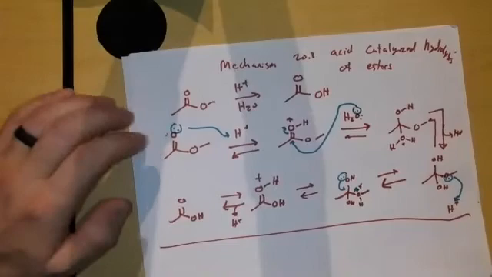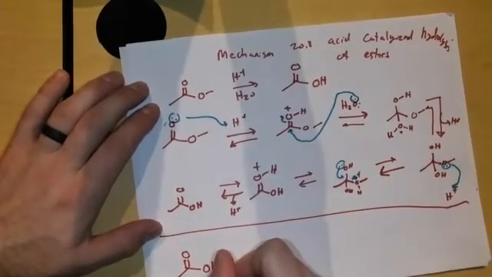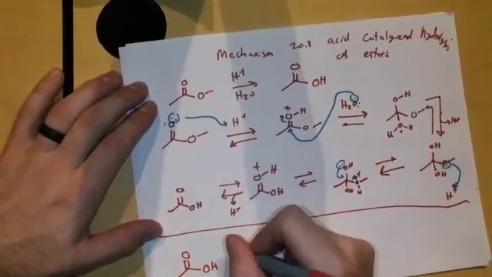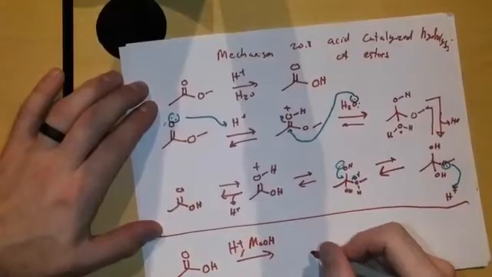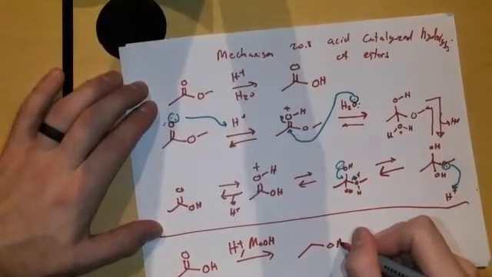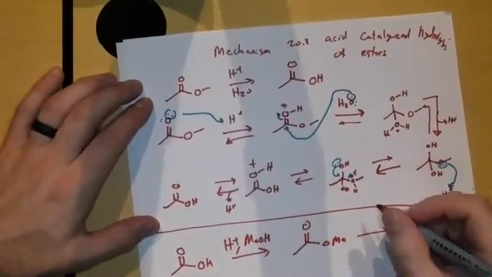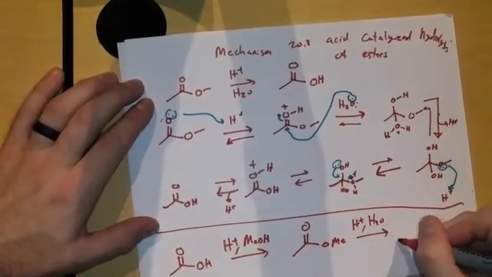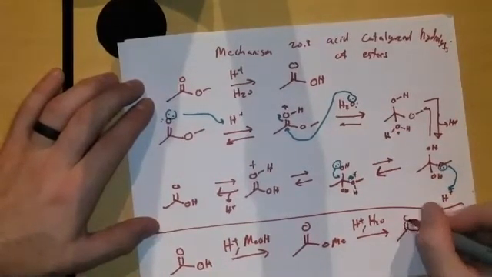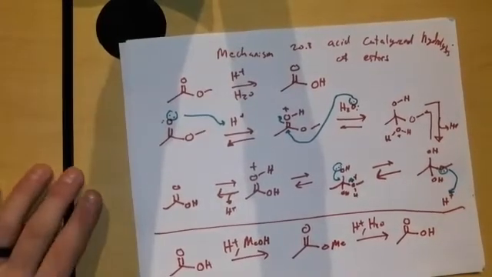So we learned that if we take our carboxylic acid, throw in H+ and ethanol, this will allow us to create an ester. If we want to reverse this, we can take H+ and water, and get right back to where we started.